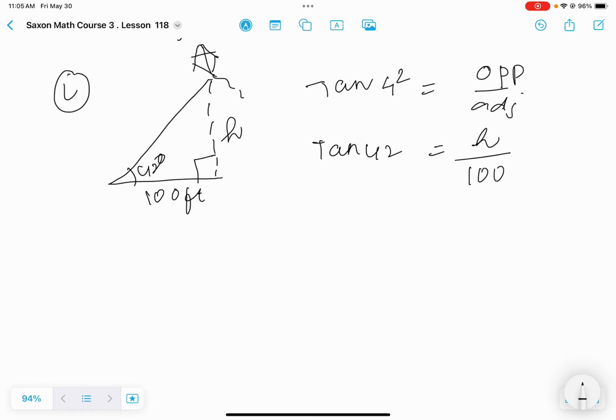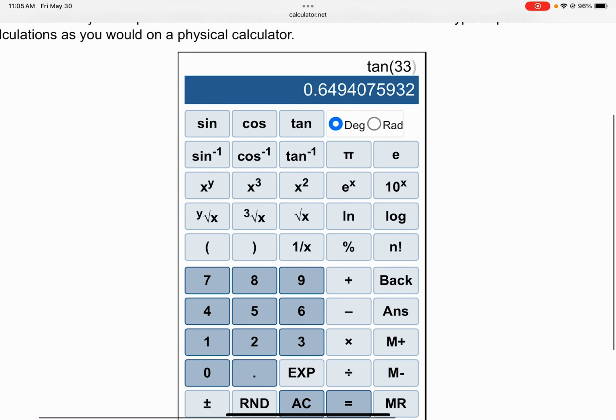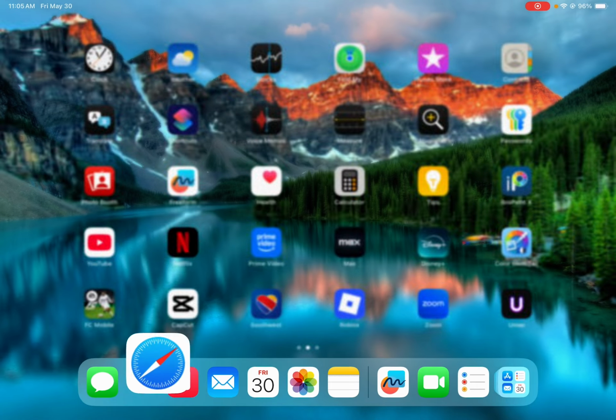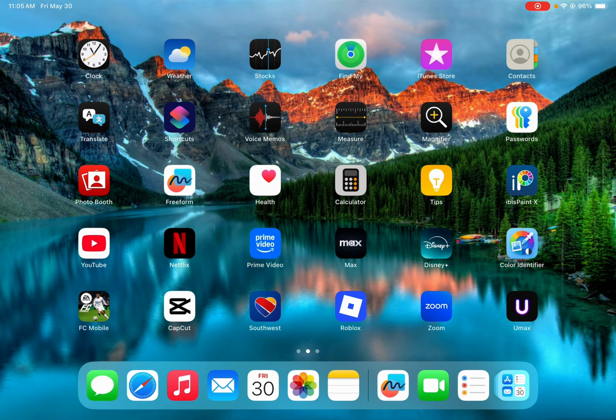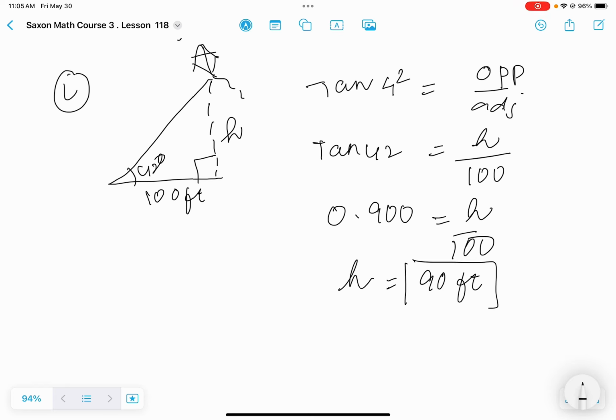Now what is tan 42? Again, scientific calculator. Tan 42 is 0.900. Let's go back to our math. 0.900 equals H by 100. H is 90 feet. That's the height of the kite.